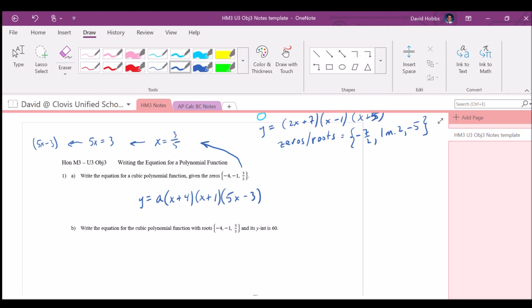Okay, now, did they give us any other information? No, they didn't give us any other information. So we literally do not know whether this function is starting from low and ending high, or if it's high to low. It's possible either way.